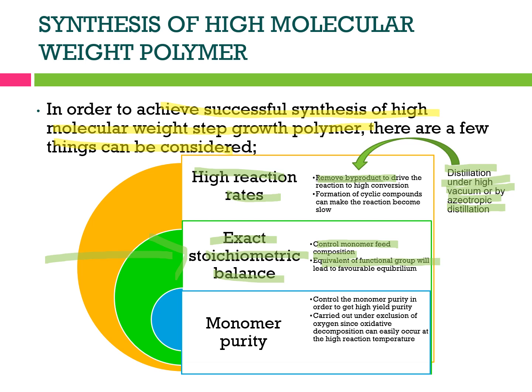And lastly, use monomer purity to increase the purity of the monomer. This can be done by controlling the monomer purity in order to get high yield, and carrying out the polymerization under exclusion of oxygen. So your polymerization must be carried out in a closed reactor and away from any oxygen.